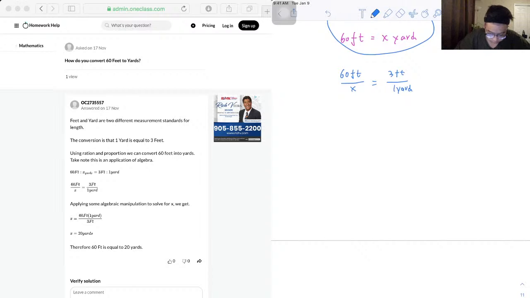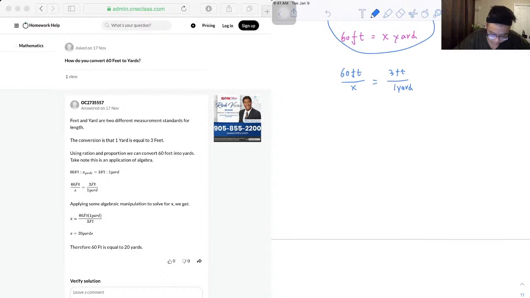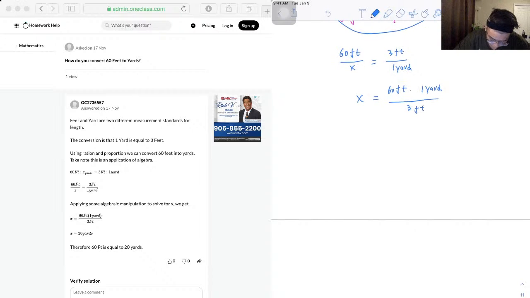And we apply some algebraic manipulation to solve for x, and we will have x is equal to 60 feet times 1 yard over 3 feet, which will give us 20 times 1 yard, which means x is equal to 20 yards.